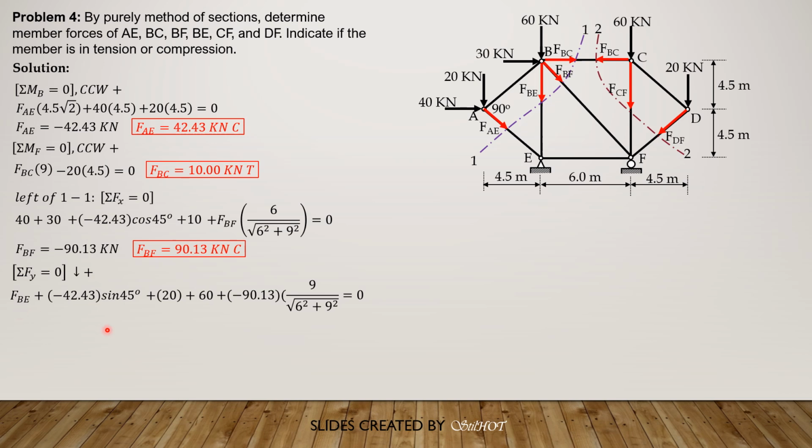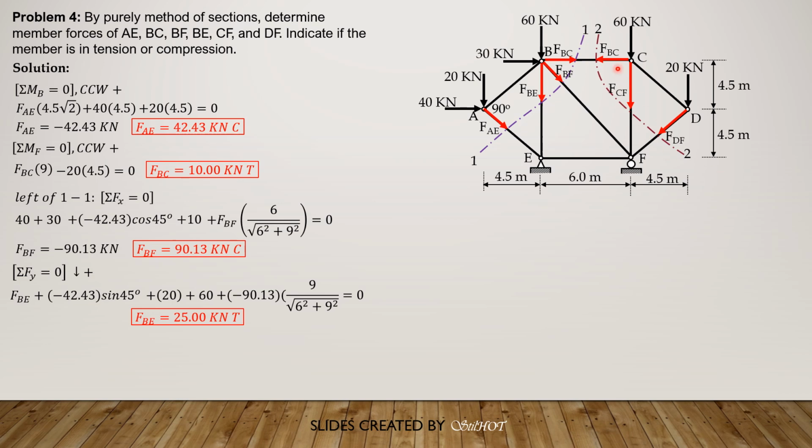Then we can now solve FBE. So solving for FBE, FBE is 25.00 kilonewtons, or 25 kilonewtons positive, so it's a tension member. So we have found all these four members.